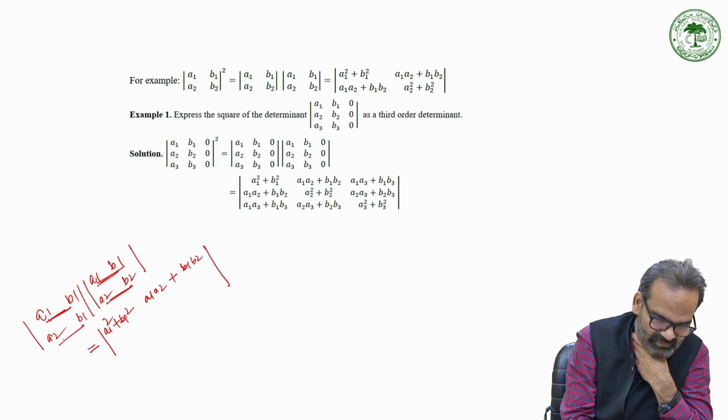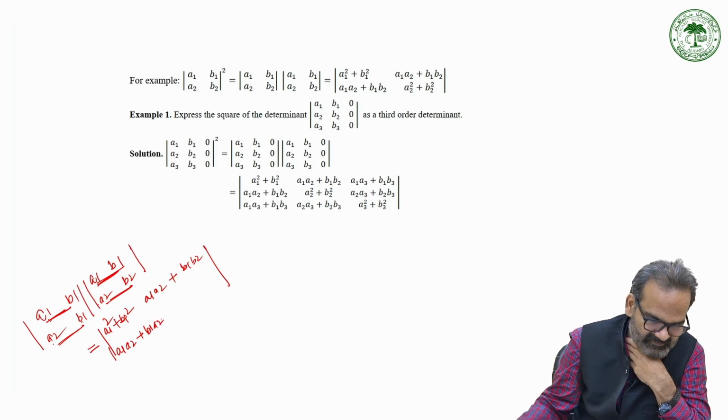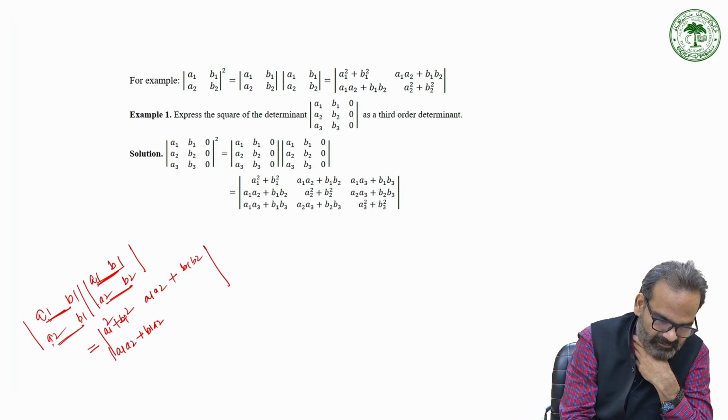Now come to the second row. The second row must be multiplied with the first row: a1 a2 plus b1 b2.